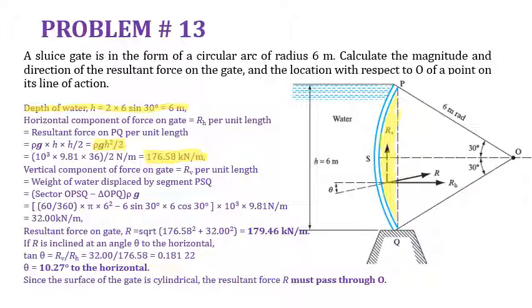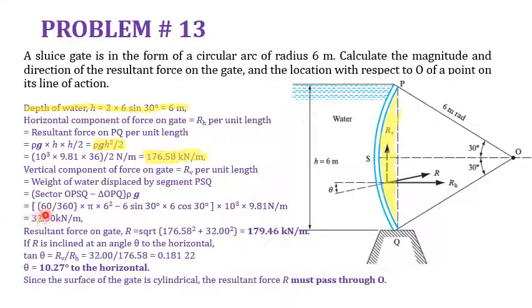So weight is rho g, and we only need to calculate the area because width is 1. So area of this sector will be the angle, this angle 60 degree divided by 360, because the circle area is 360, and into the area of the circle, which is pi r square, so pi 6 square.